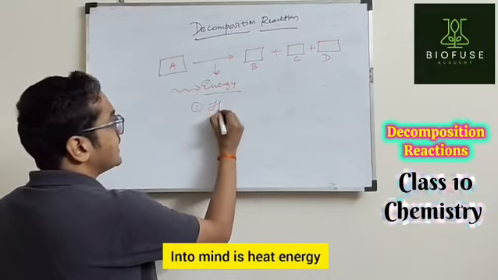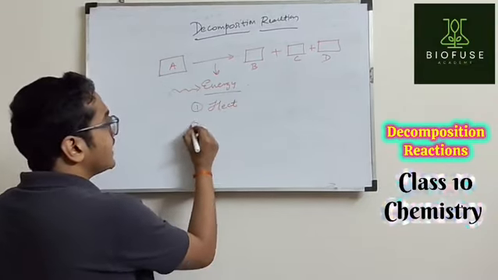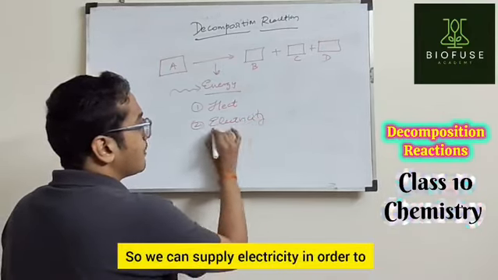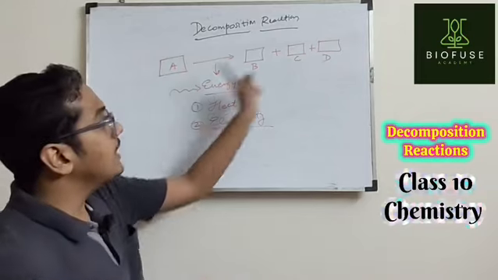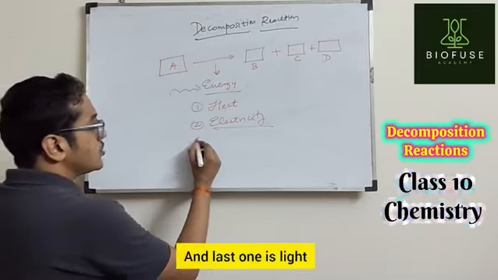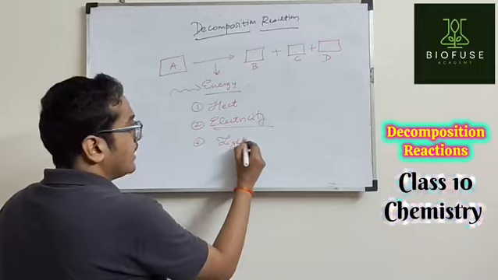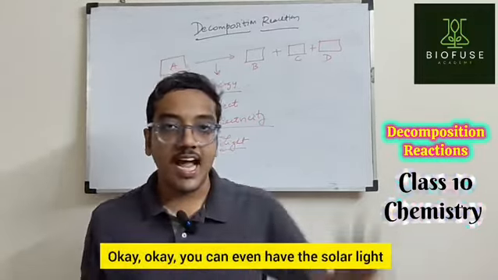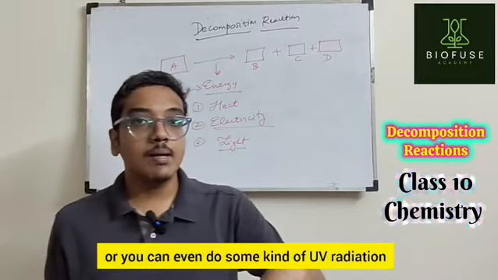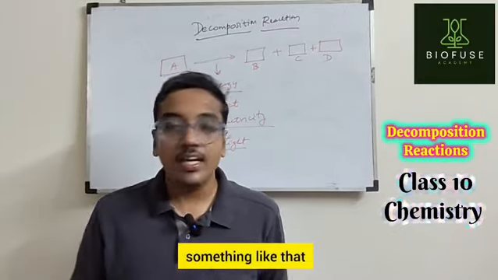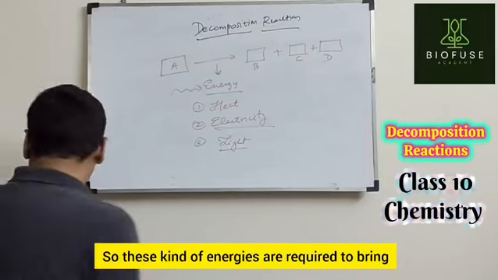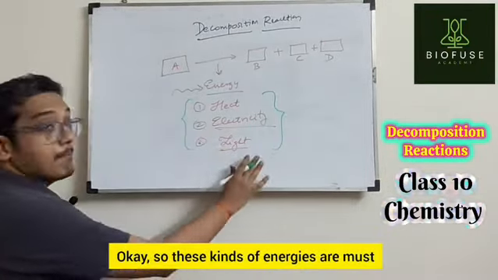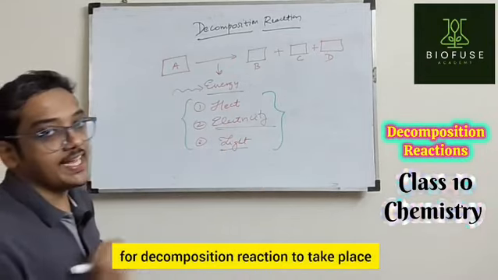Second one is electricity, so we can supply electricity to bring about decomposition. And the last one is light. This light could be artificial or natural light. You can even have solar light, or some kind of UV radiation. So these kinds of energy are a must for a decomposition reaction to take place.